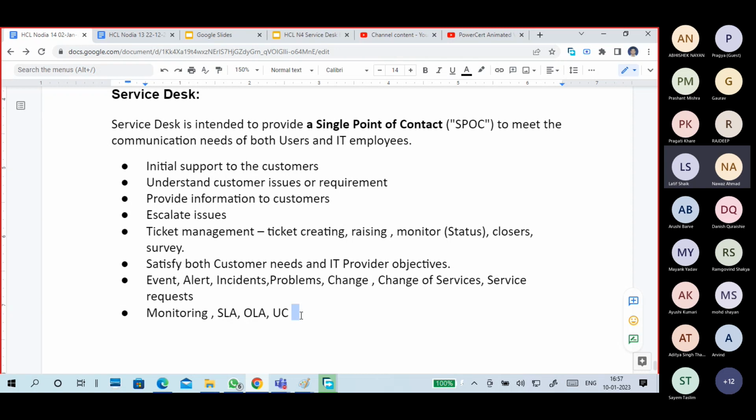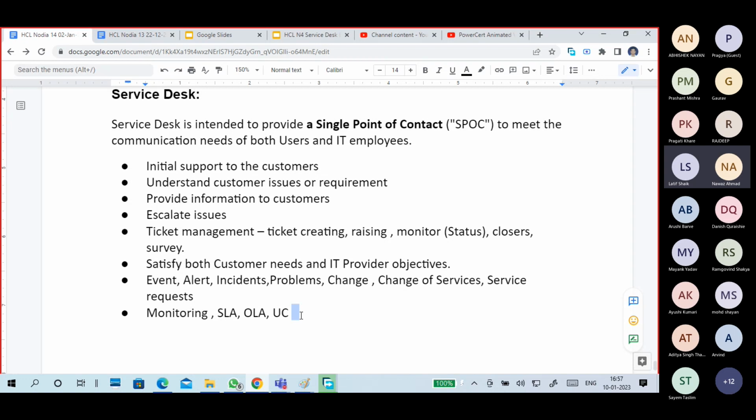IT service provider objective. What is the service provider objective, guys? It is to provide service to the customers seamlessly. Seamlessly means continuously, the service provider is able to provide services. Make sure that each and every customer gets a service, and improve the quality of the service. That is the main aim of an IT service provider.